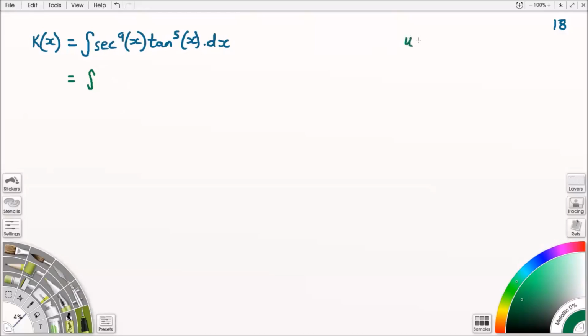so if we make u equal to secant of x, then du is going to end up being, as we did the other day here on the channel, tan x secant x dx, which will actually end up allowing us to get rid of tan and keep our secant of x.